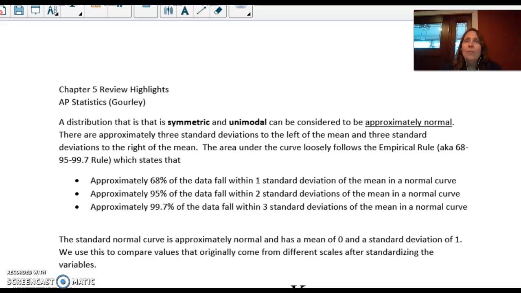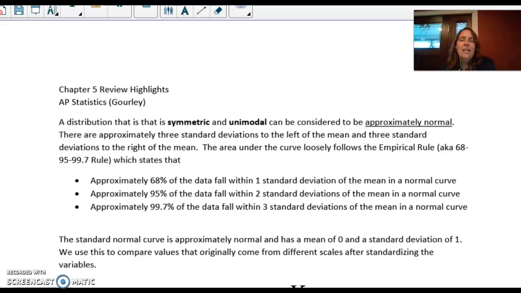Keep in mind that when you have an approximately normal curve, you should have about 3 standard deviations on either side of the mean before you get to the tail. There is a little bit left underneath the curve in the tail beyond that, but it's approximately 3. It's not perfect. This leads us to the empirical rule, which we also call the 68, 95, 99.7 rule.